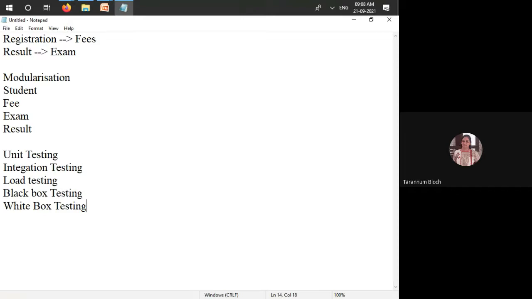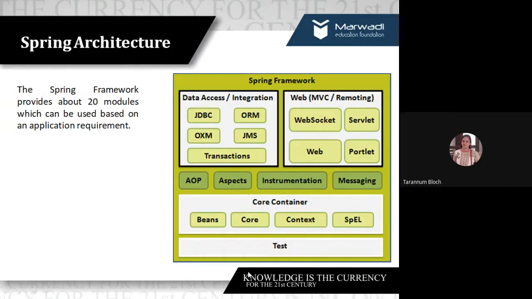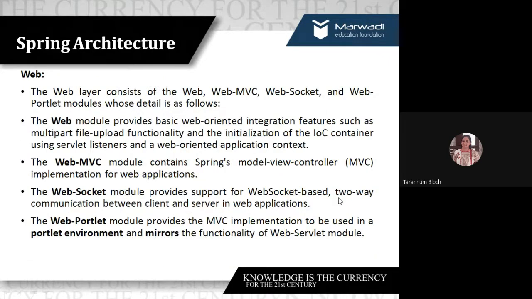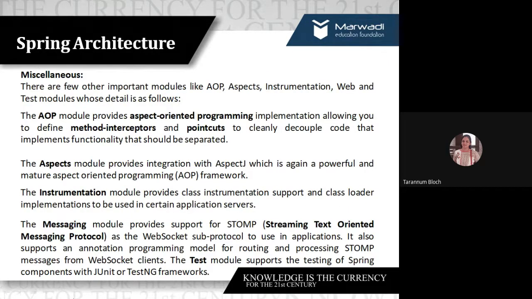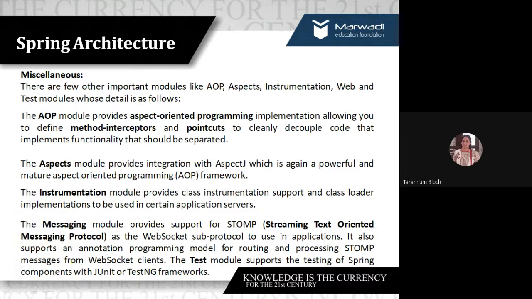Fine. So what I'm saying over here is, in Spring MVC, the last module is test. Fine. And to do so, there are various frameworks. Spring supports many of them, and right now we say there are various framework components such as JUnit and TestNG.